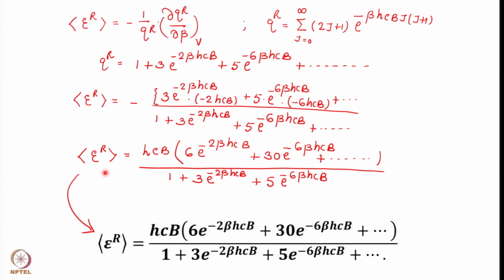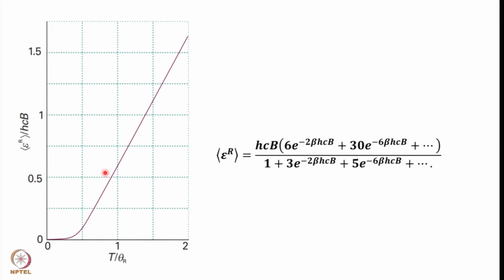Let us first consider a general temperature. Beta is 1 by kT. So you plot E divided by hcB, no problem because hcB is a constant here. T divided by theta r is a constant. So you are essentially showing the temperature dependence, and you see the variation.